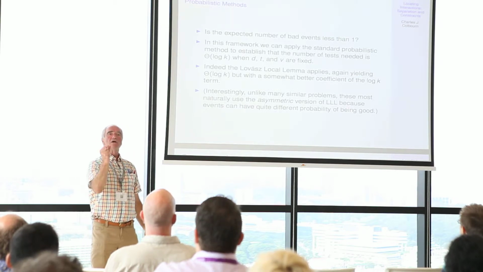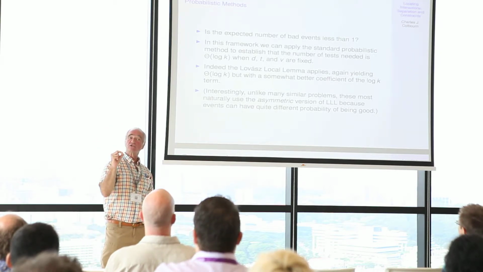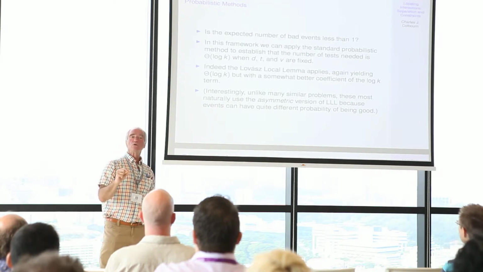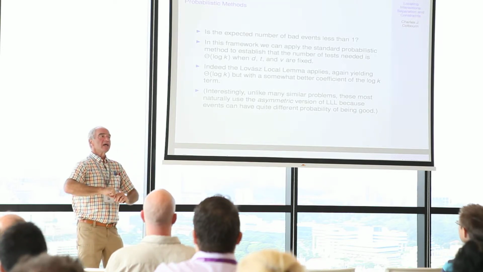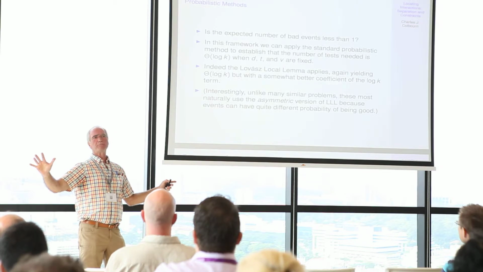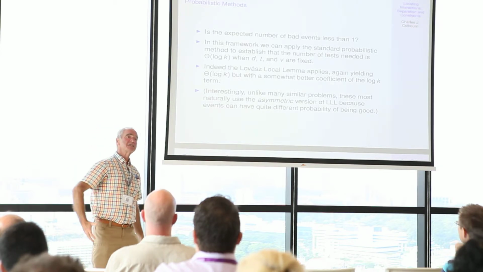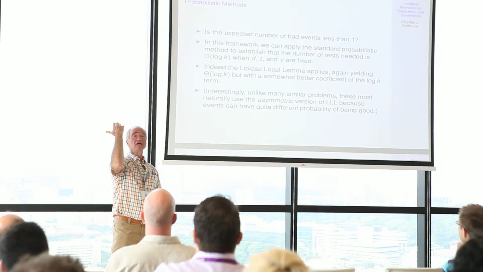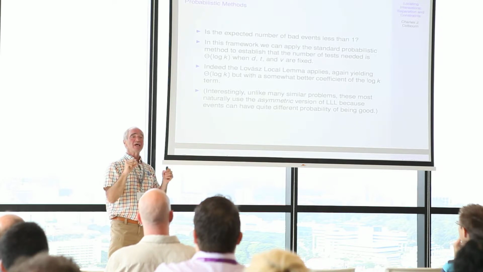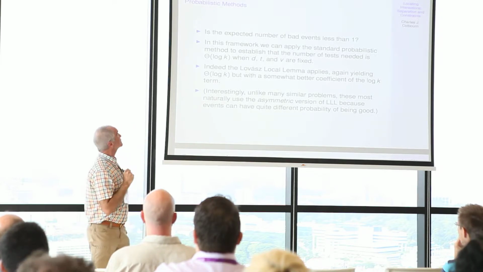Well, now, for each event, it's quite easy to calculate the probability that that event will be good. So because of that, I can assume that all the events have an arbitrary dependence among them and just sum up the probabilities, the probability for each event that it's bad, and that will give me the expected number of bad events.